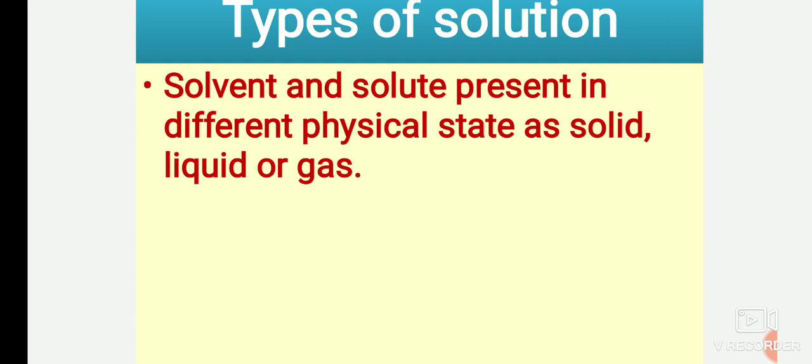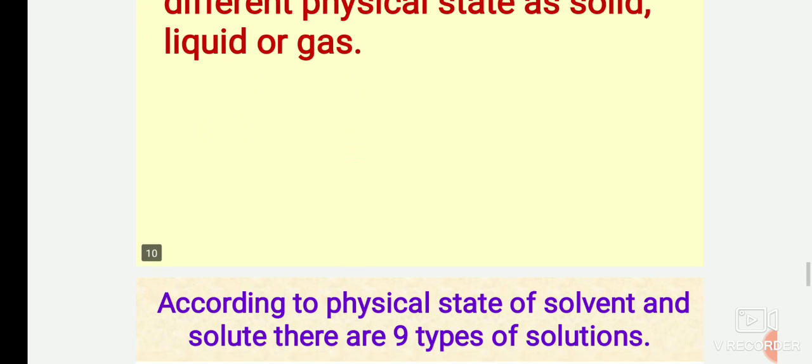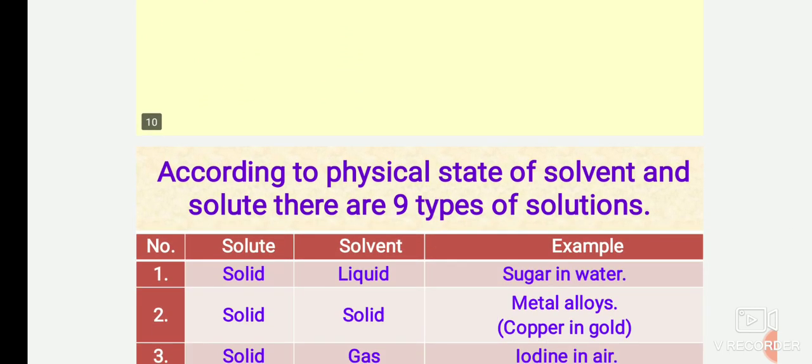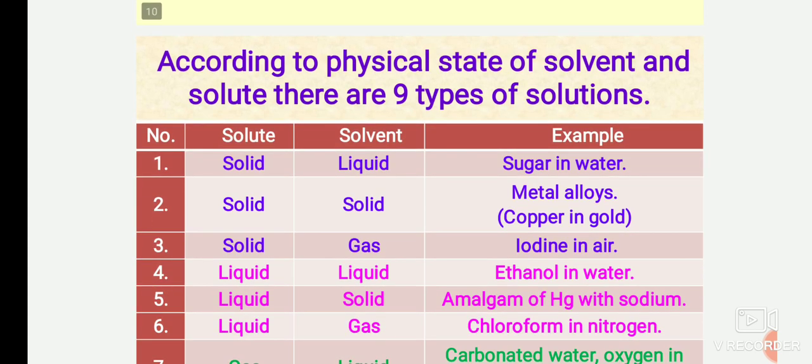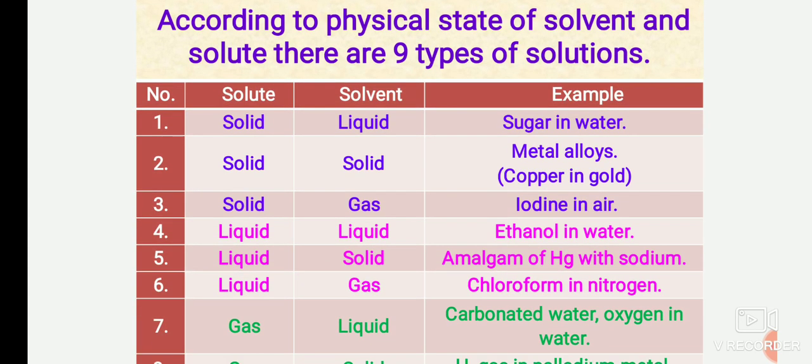According to these physical states, there are 9 types of solutions. First, solute is solid, solvent is liquid, and the example is sugar in water.